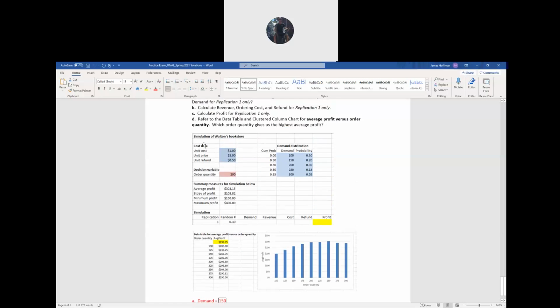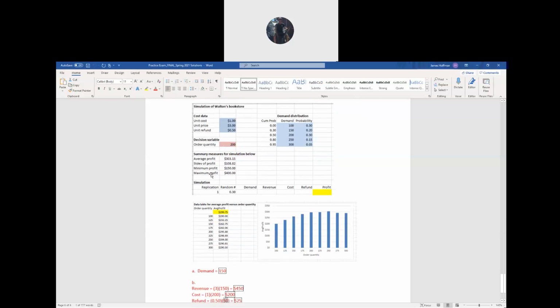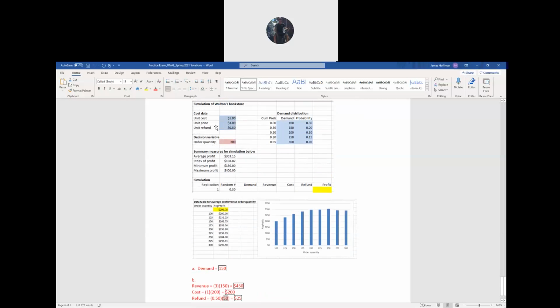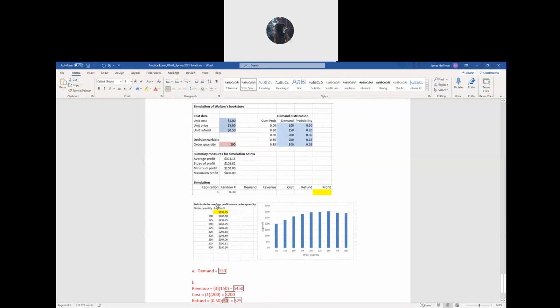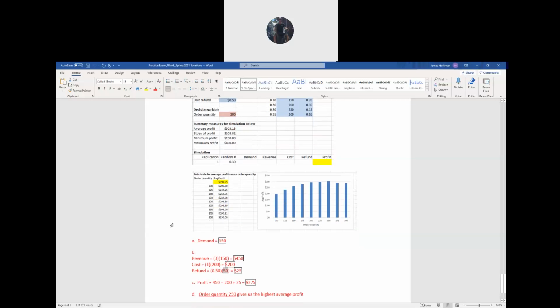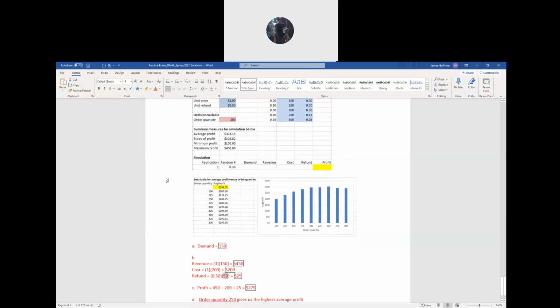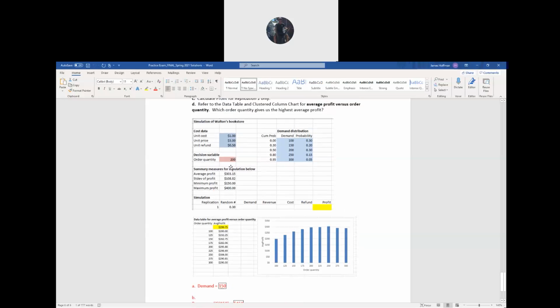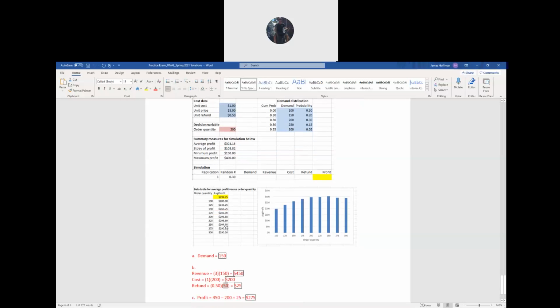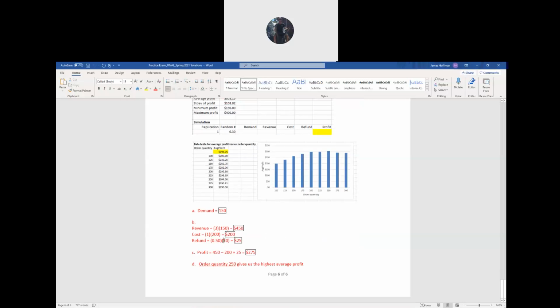Okay, so again, you get a refund for each calendar if the order quantity is bigger than demand. If the order quantity is bigger than demand, like it is in this case, take the difference, 200 minus 150, and you get a refund of 50 cents per extra calendar. In this case, there's 50 extra.